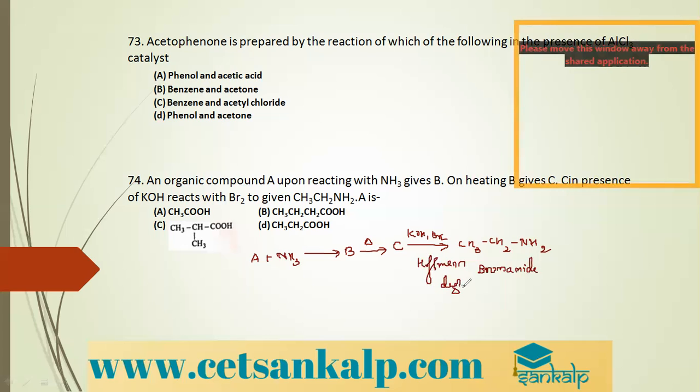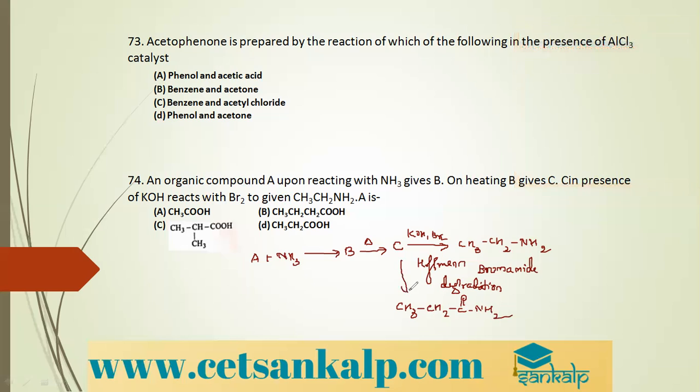So for Hoffmann's bromamide degradation, what is the reactant used? The reactant used is the corresponding amide, the amide with one carbon atom more. So it is CH3CH2C(=O)NH2. So this is C.